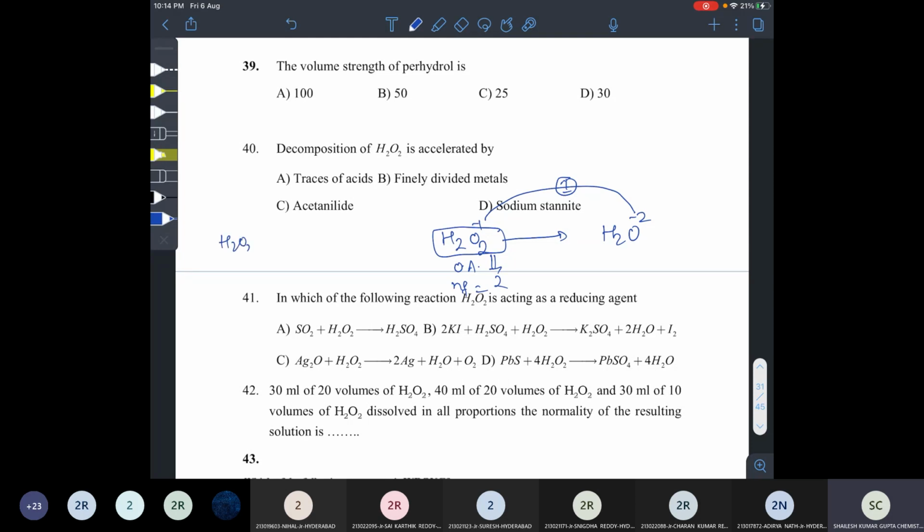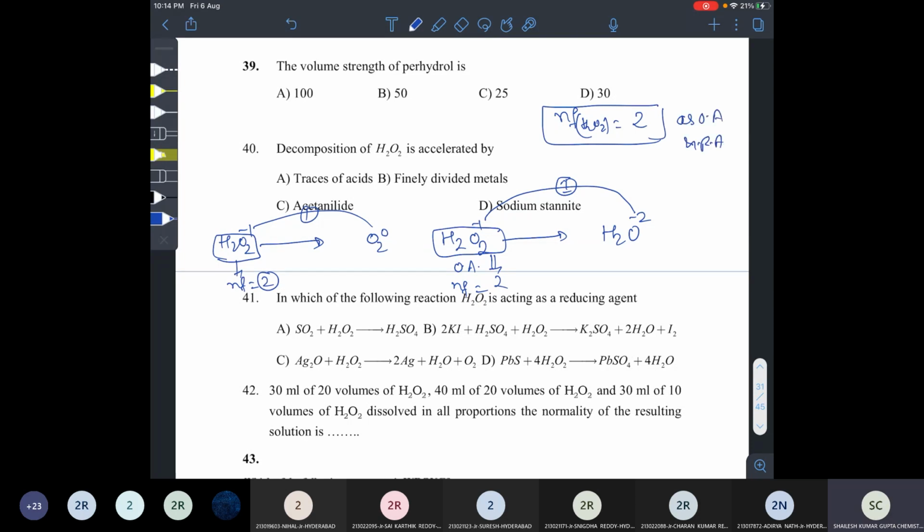Let's look at the reducing agent. When it acts as a reducing agent, it will form O2, going from -1 to 0. Again, the change is 1 per atom, and per molecule 2 oxygens are there. So again 2 electrons lost or gained. So for now, you have to take the N factor of H2O2 as 2, as OA and RA.